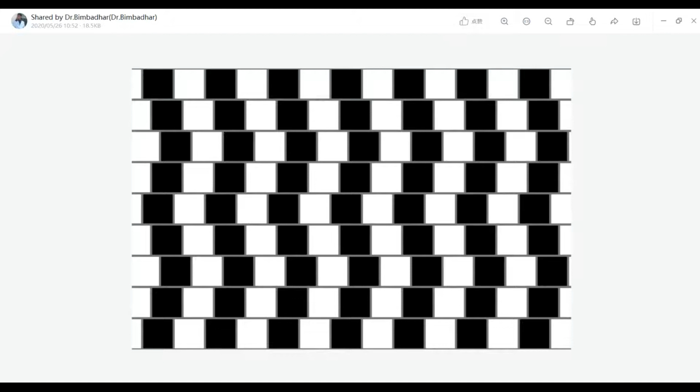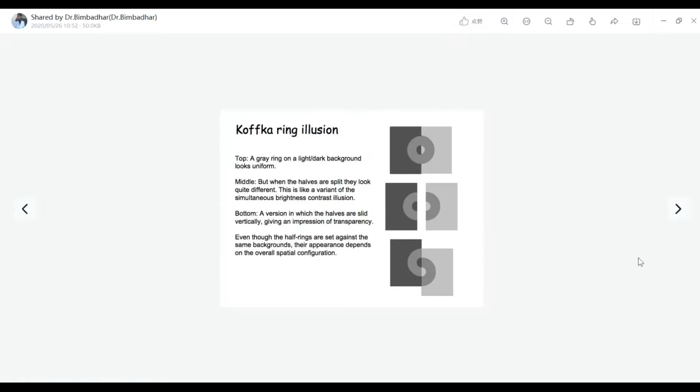Let's try to understand the next picture. This is called the Kafka ring illusion. You see here, there is a gray disk that has been placed on two different densities, a black density and a white density.